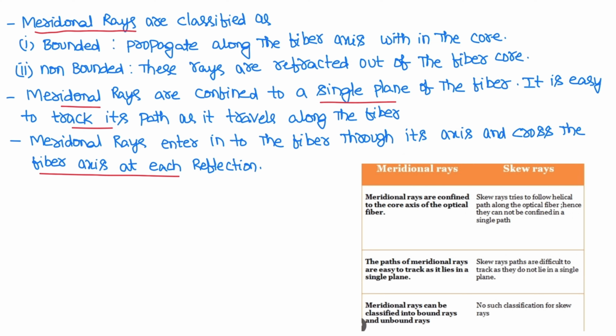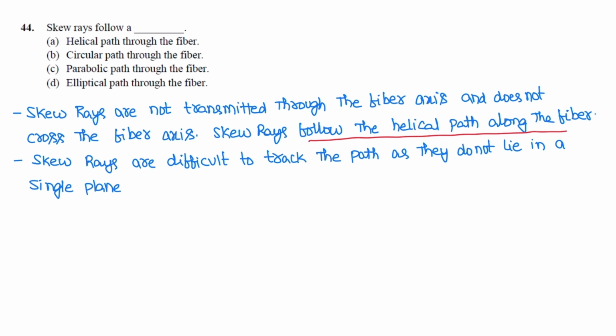Meridional rays are confined to the fiber axis. Meridional rays cross the fiber axis, whereas skew rays do not cross the fiber axis. So the correct option here is that skew rays follow a helical path, not circular, not parabolic, not elliptical. Correct option is A.